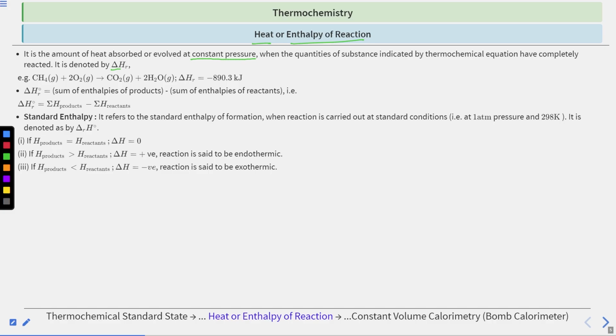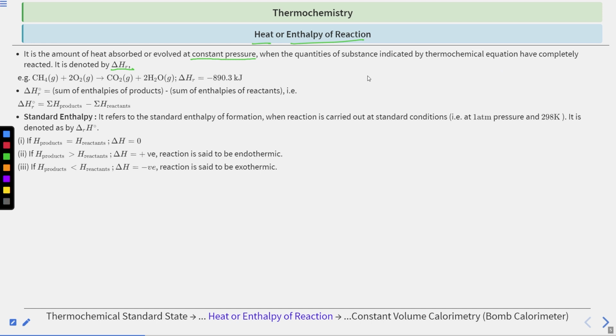It is denoted by delta H subscript R. If a reaction is happening, the enthalpy of that reaction is the amount of heat that is absorbed or evolved at constant pressure by that reaction when the quantities of the substance indicated by the thermochemical equation have completely reacted.